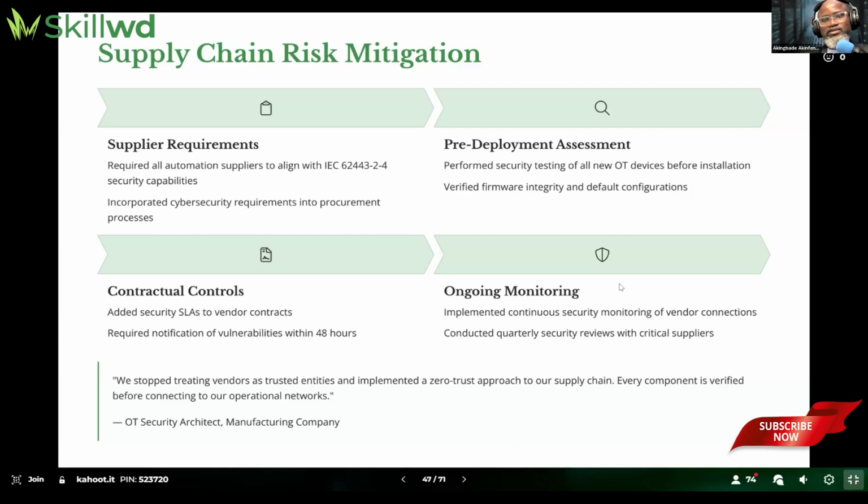Because remember, the vendors in IT and OT are slightly different in terms of their mindset, their approach. Your OT vendors are more personal. I think they are closer to you than your vendors in IT.